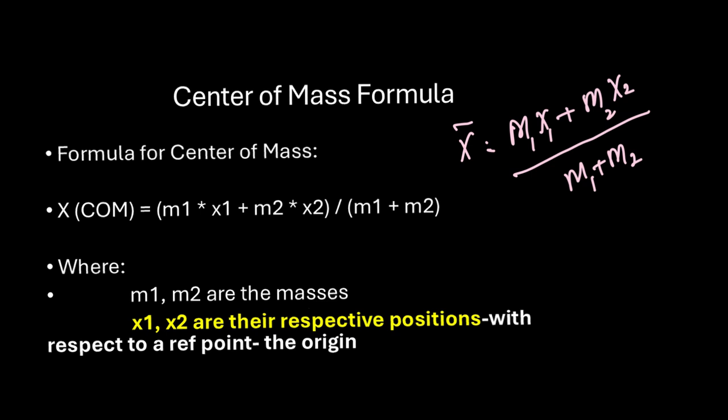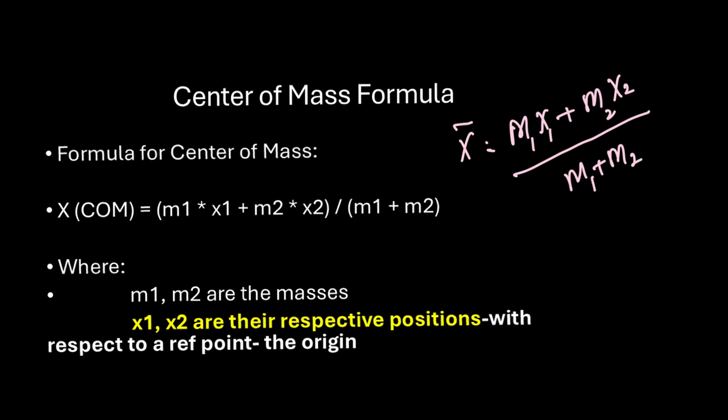What are x1 and x2? See, x1 and x2 here represent the distance, or the respective positions, with respect to an origin.